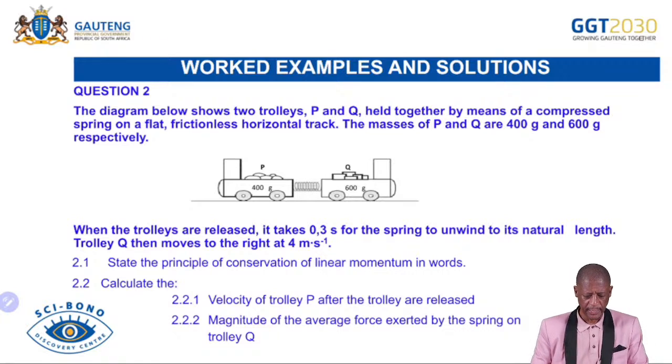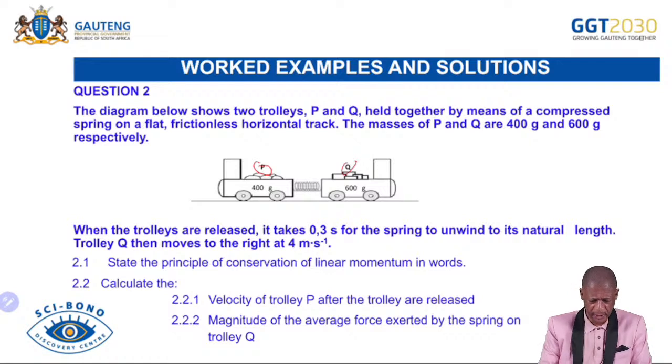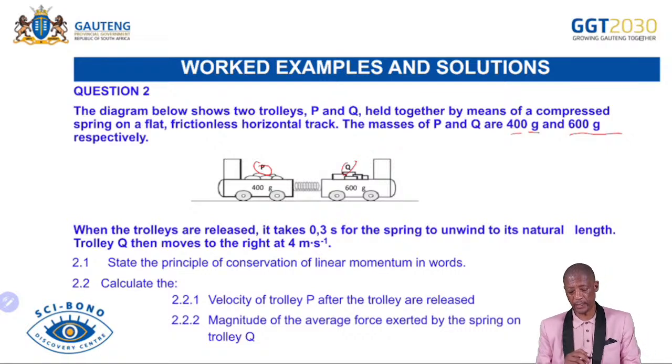Now it says a diagram below shows trolleys P and Q, held together by means of a compressed spring on a flat, frictionless horizontal track. The masses of P and Q are 400 gram and 600 gram respectively. So you've got the masses.